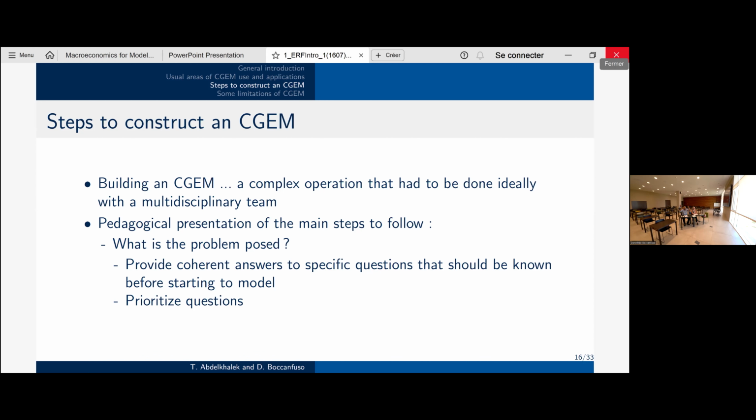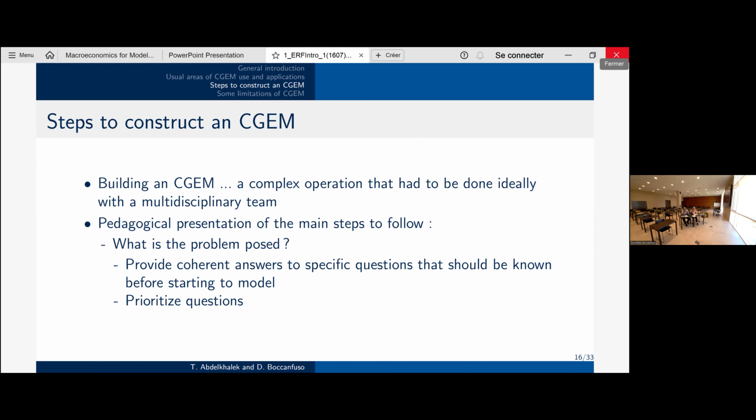We can have 10 models in the same country: one in the Ministry of Finance for fiscal policy, another in the central bank, another in the Ministry of Plan, another in the Agriculture Department, because each department has its questions, and we construct a model to answer some specific questions.